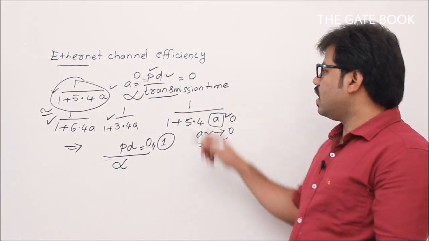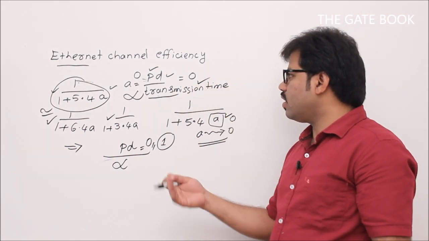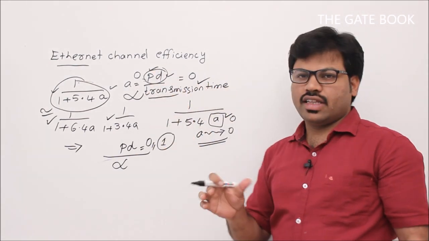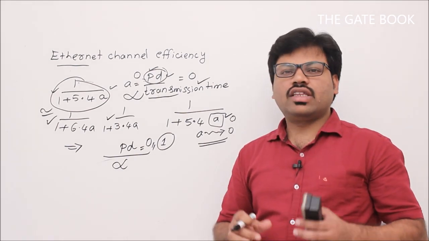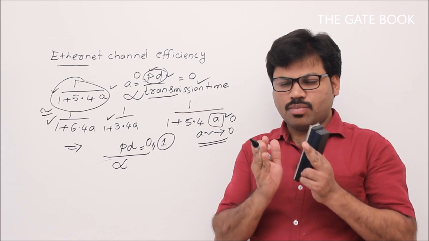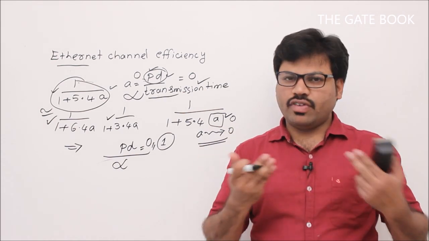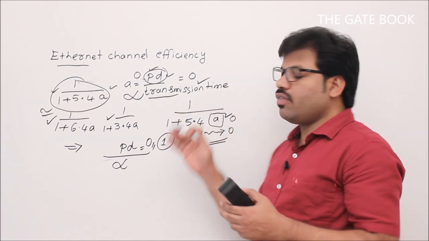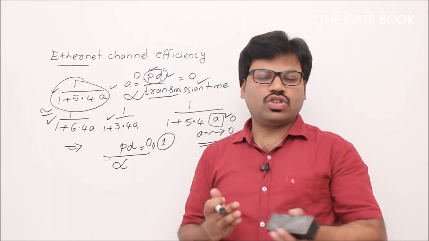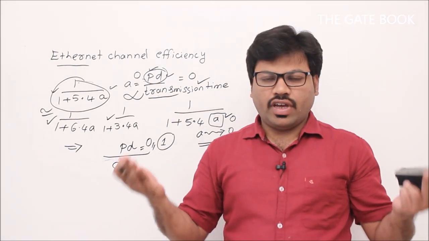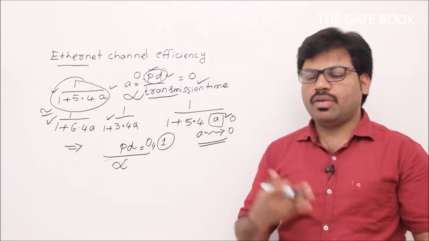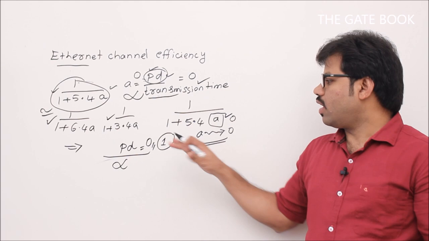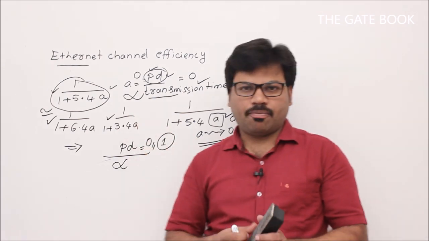Transmission time depends on your bandwidth, and propagation delay depends on the length of the cable, correct? Now I can say that for better performance, your Ethernet cable length should be very small, otherwise the bandwidth of that medium should be very high. If any one of them happens, then channel efficiency will be high. It will be optimal. Understand? That is what I can understand with this formula.